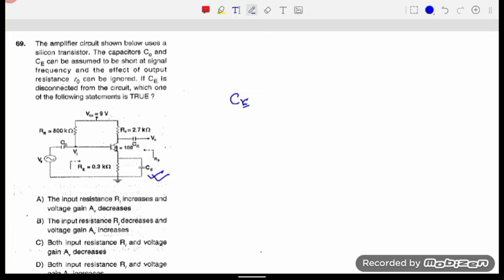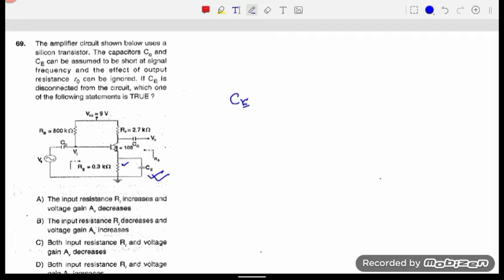So what will happen? You should know why we are connecting this emitter capacitor. There are many reasons, but mainly this RE resistance works as a negative feedback in the circuit, and the negative feedback is given to stabilize the circuit.